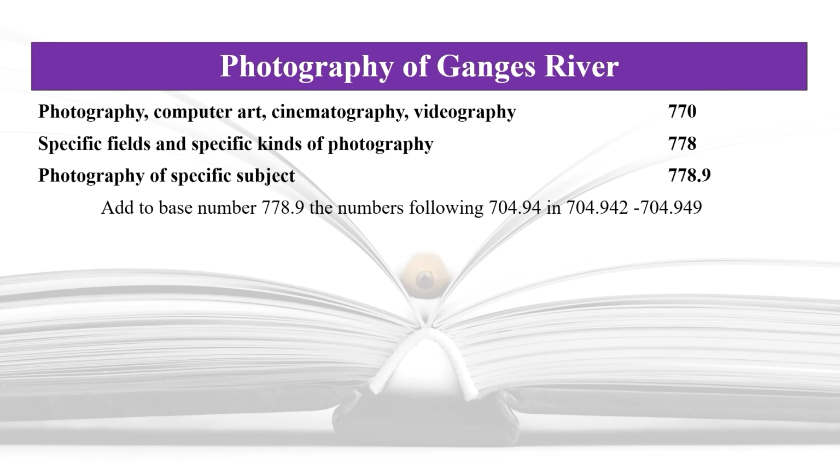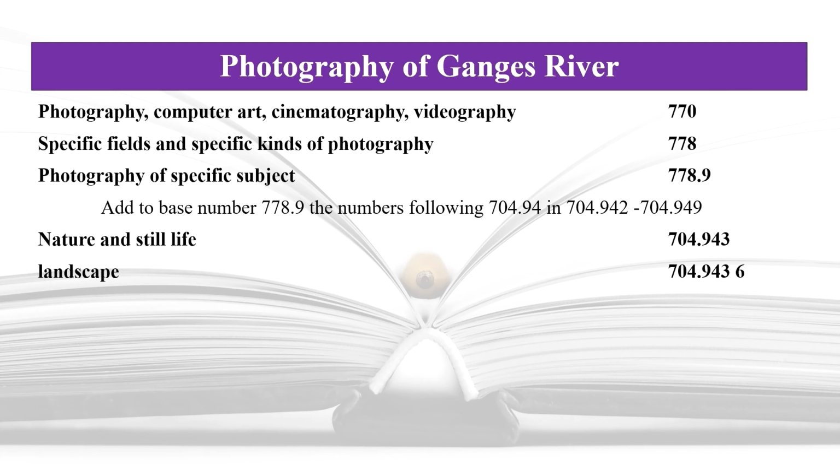Under 778.9, we get an add instruction: add to the base number 778.9 the number following 704.94 in 704.942 to 704.949. So let's proceed to 704.94, and there we get nature and still life in 704.943 and the landscape in 704.9436.